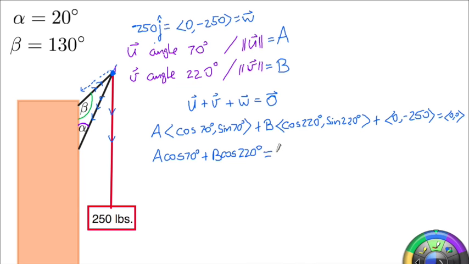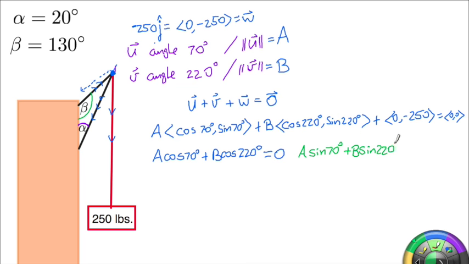Alright, the second equation is going to be a little bit longer, a sine of 70, and I like leaving the sines and cosines in here because they're exact values, but you could, if you want, change them into a bunch of decimals. Sine of 220 degrees minus 250 is equal to the second component up here, this 0 over here. Alright, so here's our two equations.